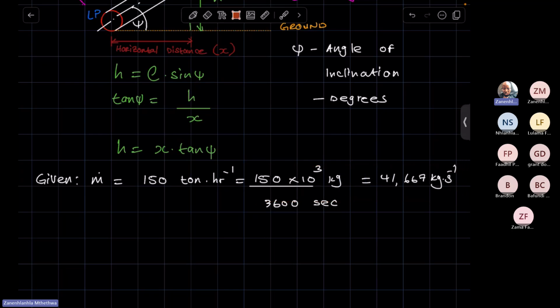So 150 tons per hour is the same as 41.667 kilograms per second. Another quick way of converting tons per hour to kilograms per second is by simply dividing by 3.6. Had you said 150 divided by 3.6, you would get the same thing.